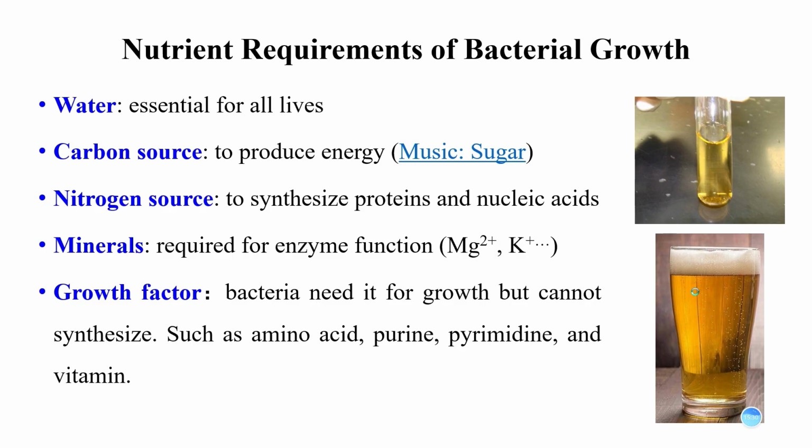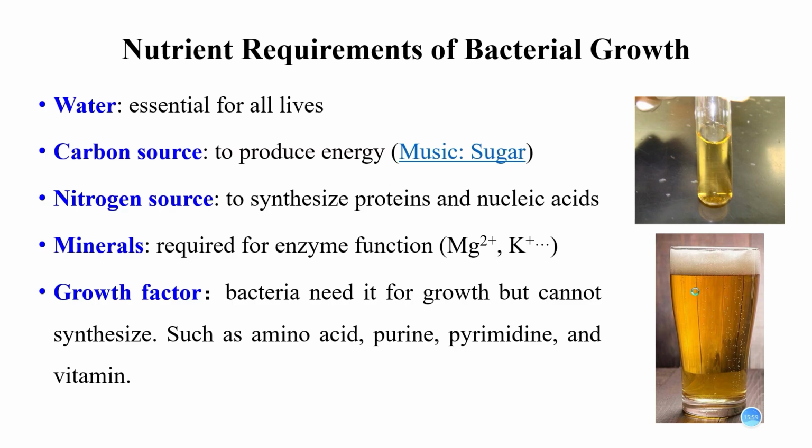And nitrogen source. Nitrogen source is so important because in our cells, the important molecules such as protein molecules, in amino acids, there's an amine group, right? A nucleic acid, there is a nitrogen base, right? So both contain the nitrogen element. You need to provide nitrogen source.